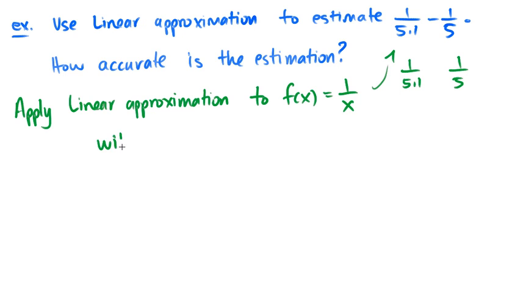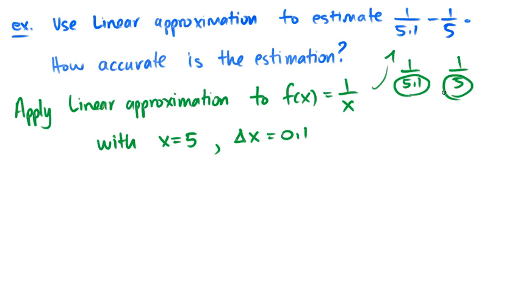We've got x is 5 in this case, and the change in x is equal to 0.1. So there's your x value, and a little bit bigger, there's your change.